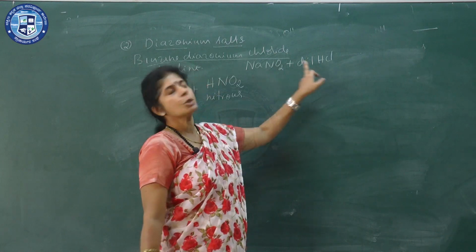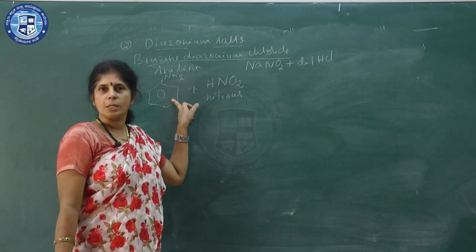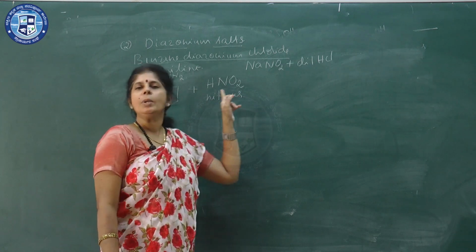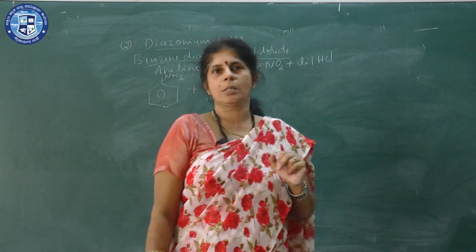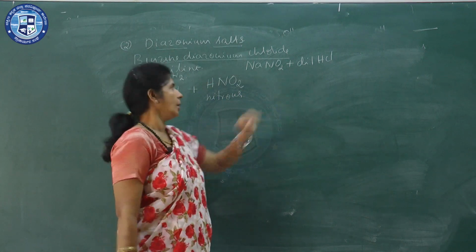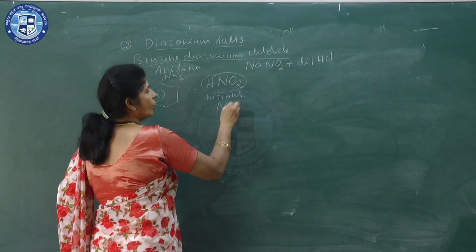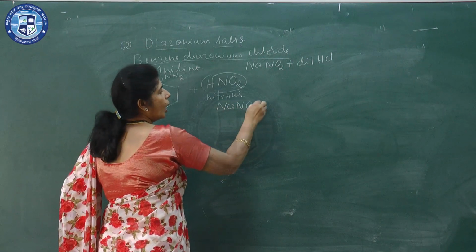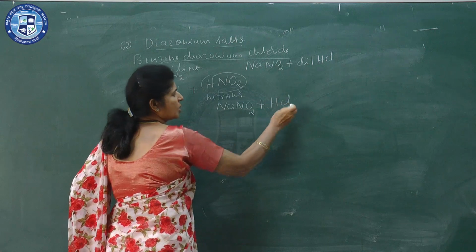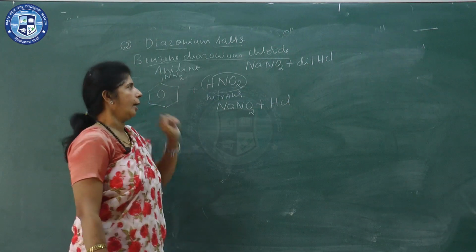One point is to prepare HNO2, and aniline is a basic organic base soluble in dilute acids. Therefore, especially we go for dilute HCl. That means this is obtained from a mixture of NaNO2 and HCl. Especially we take a bit of excess HCl so that it can dissolve the aniline.